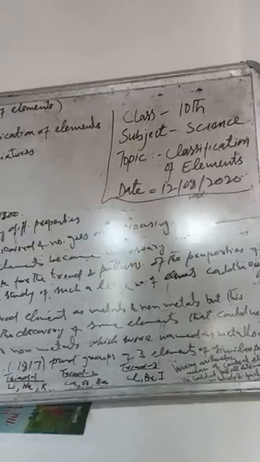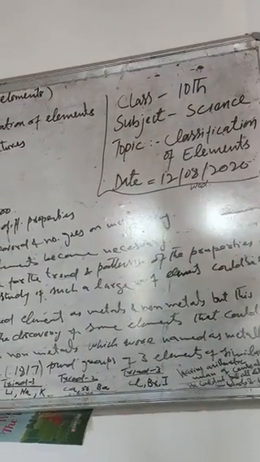After that, in 1817, one more chemist, Johann Wolfgang Döbereiner, tried to classify the elements, and he classified the elements on the basis of groups.